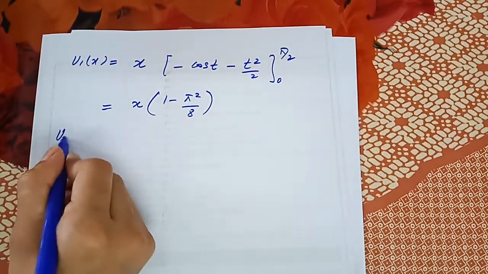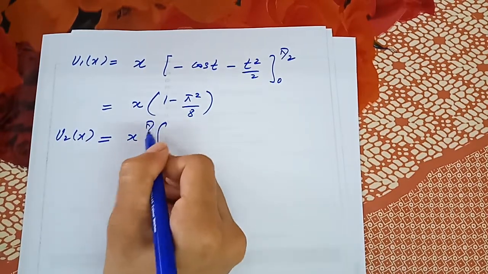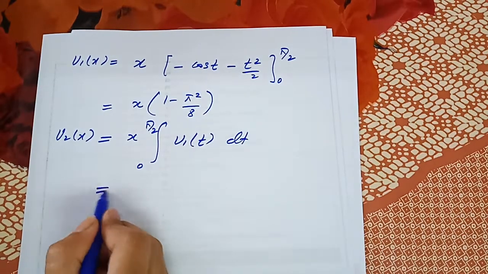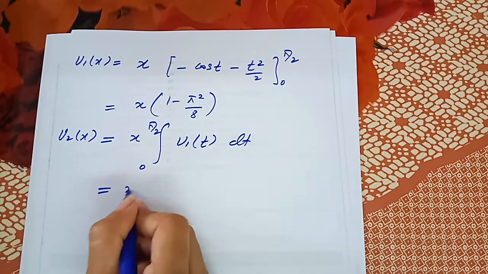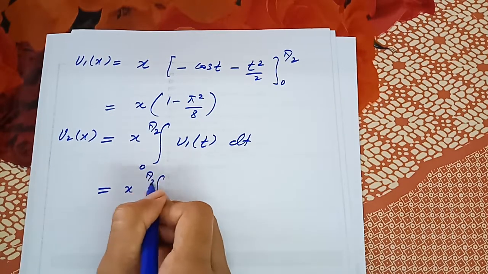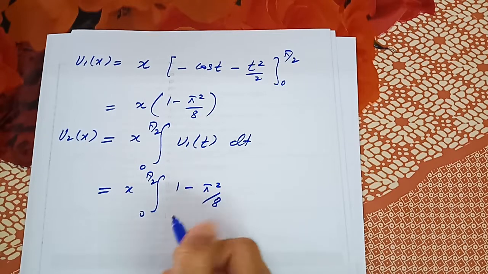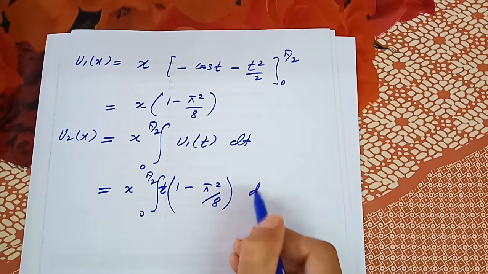Now let's find u2 of x. So it's x integration from 0 to pi by 2 u1 of t dt. Use this u1 of x for u1 of t here. You will get integration from 0 to pi by 2 of 1 minus pi square by 8, and there is x as well here, so this will be t dt.